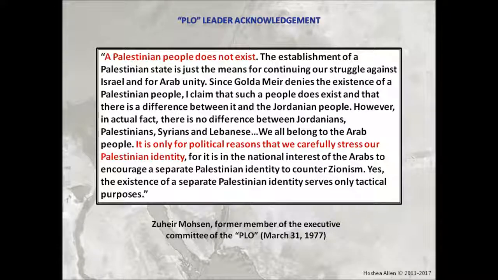We all belong to the Arab people. It is only for political reasons that we carefully stress our Palestinian identity, for it is in the national interest of the Arabs to encourage a separate Palestinian identity to counter Zionism. Yes, the existence of a separate Palestinian identity serves only tactical purposes."